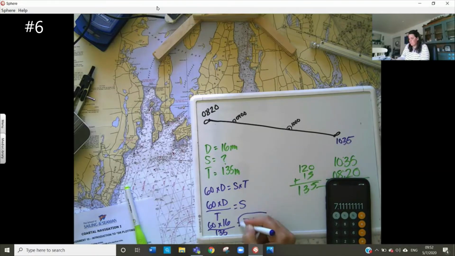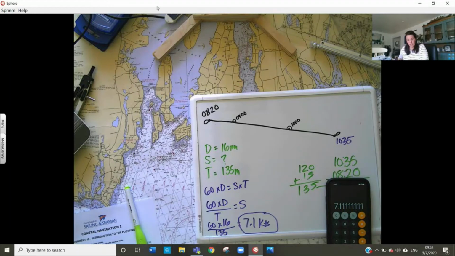So my speed made good is 7.1. So I can check that I am going a lot faster than my 6.5, which I thought I was. Whether it be wind, current, better slippage, whatever it is, I'm going faster than anticipated.